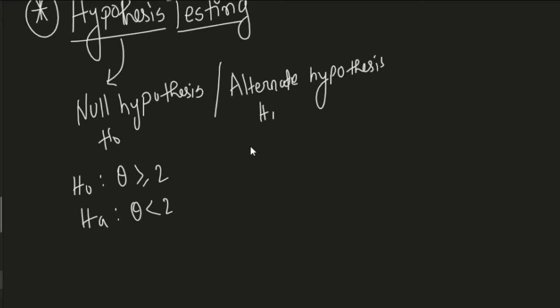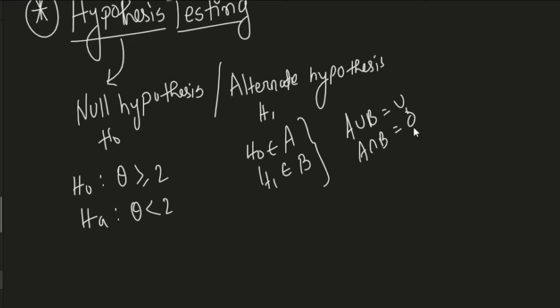So if H naught belongs to the set A and H1 belongs to the set B, and if U is the universal set, then we must have A union B equals U, while A intersection B equals phi. This is what it should have, because the null and alternate hypotheses are reverses of each other, so they are complementary.